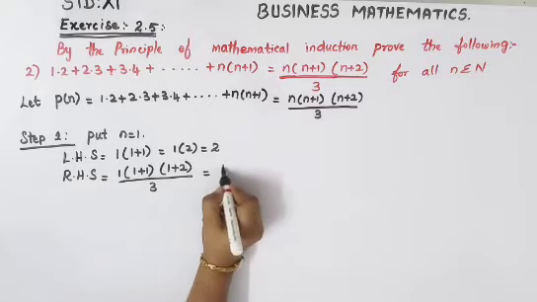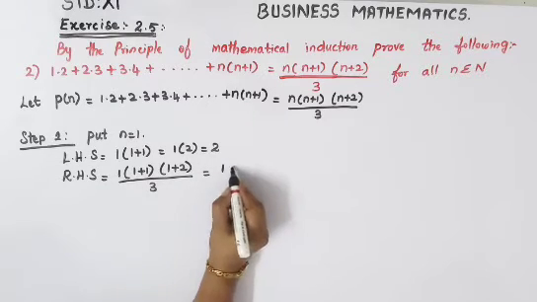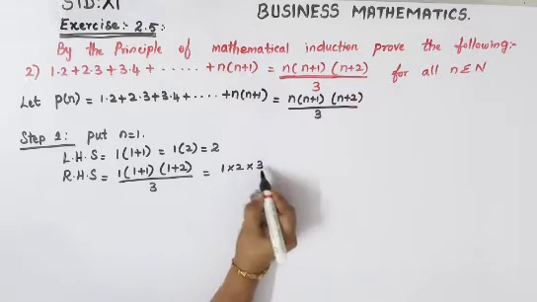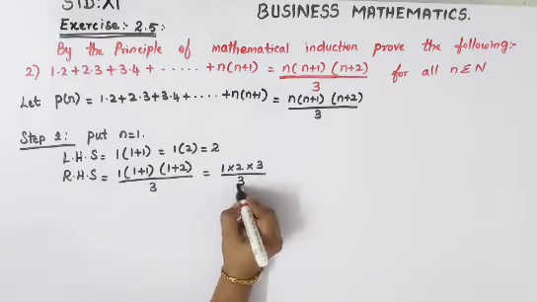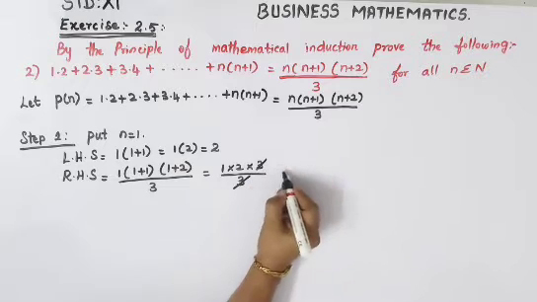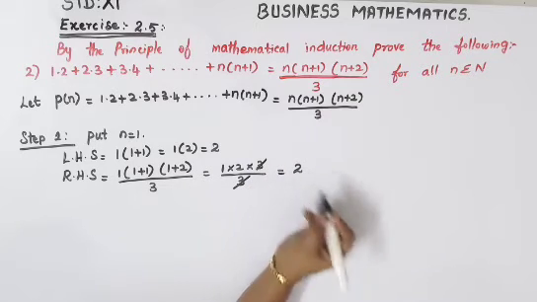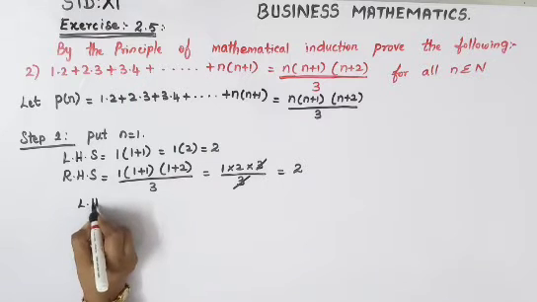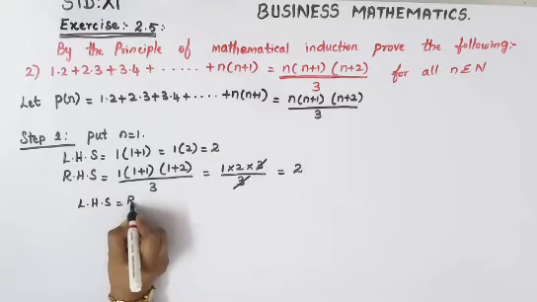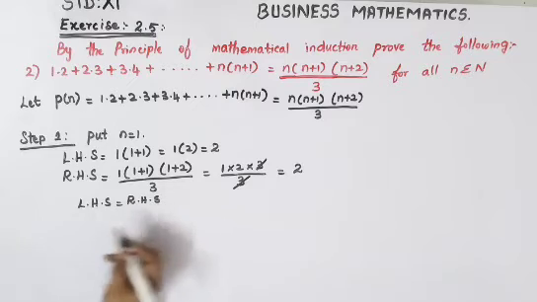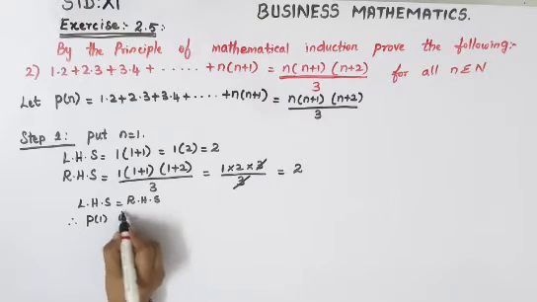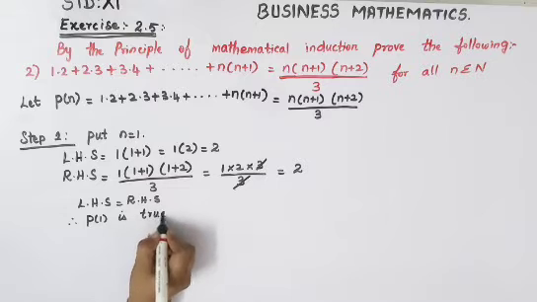Solving, 1 plus 1 will become 2, again 2 plus 1 will become 3, divided by 3, cancel 3 and 3, you will get 2 ones are 2. Now your LHS and RHS are the same, therefore LHS is equal to RHS, therefore P of 1 is true. So your first part is done.